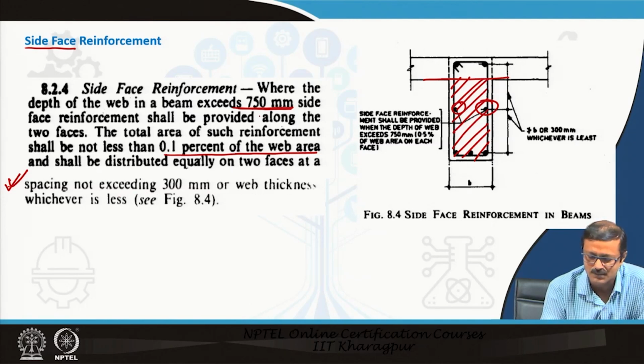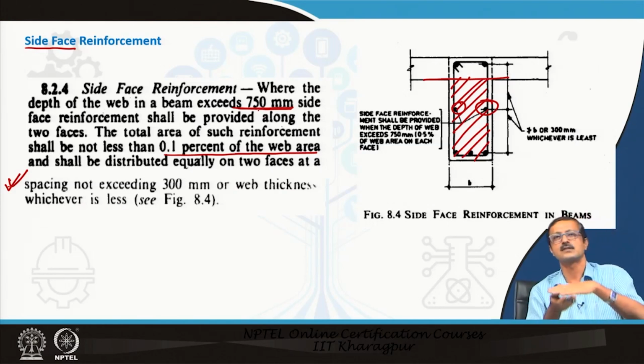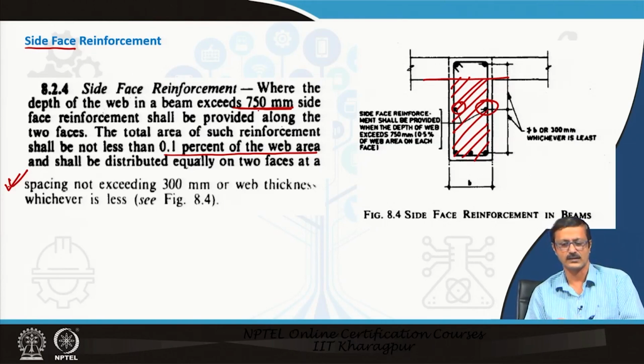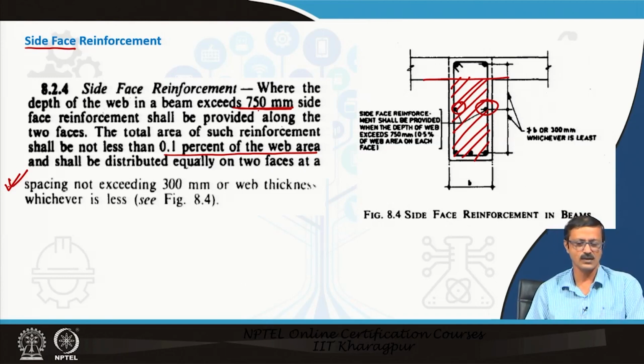Suppose this depth is more than 750, suppose it is too high, suppose 900. It is unnatural, but sometimes it may be some deep beam, and we can go with that kind of criteria. So, in that case 900, if you just put it in the center, it is 450, 450. So, this is invalid, it is not valid, 300 mm.